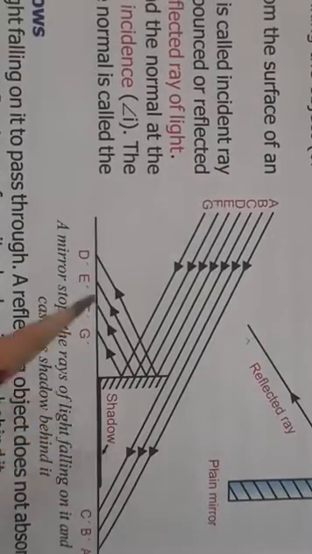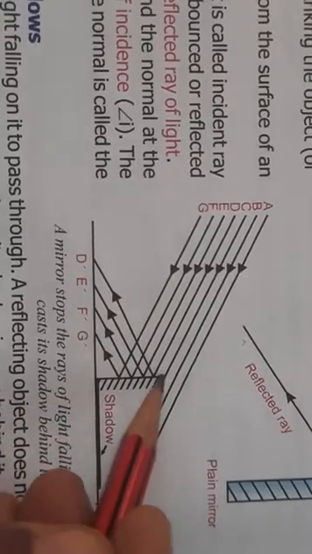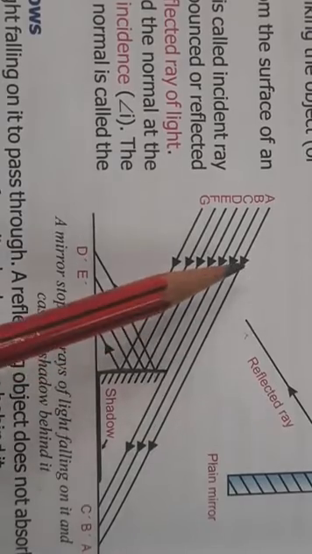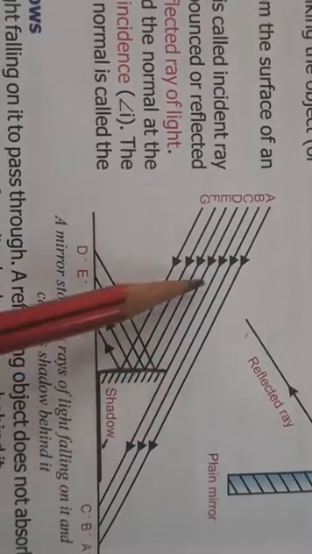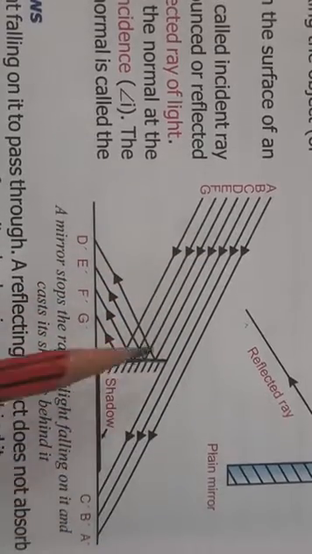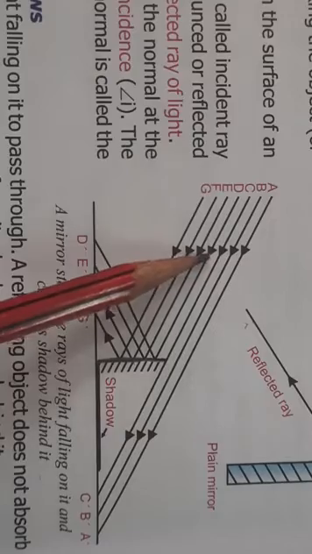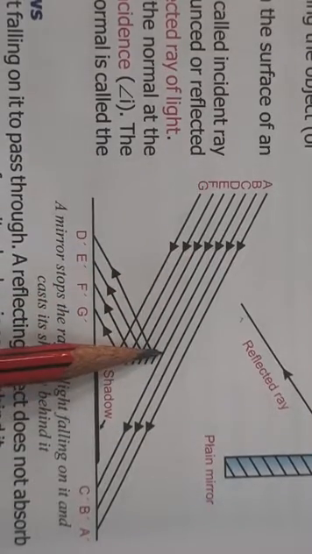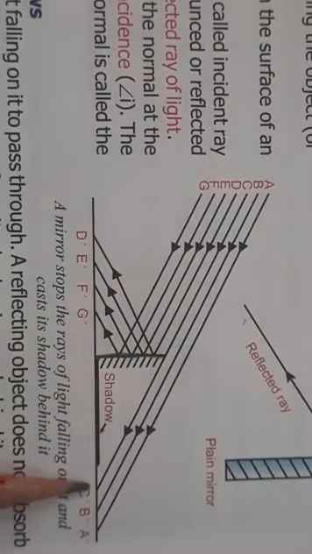Now you see the light rays A and B. This is a mirror. A mirror is kept here. Now you can see light rays A and B are passing above the mirror, so they are passing straight. Now the light ray C is touching the top of the mirror, and so what will this do? This will define the length of the shadow.